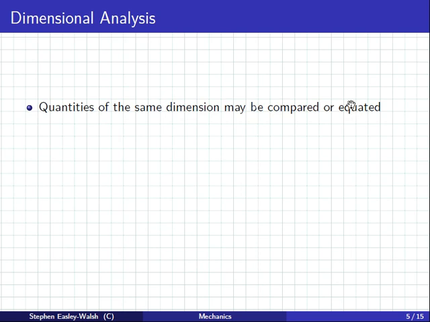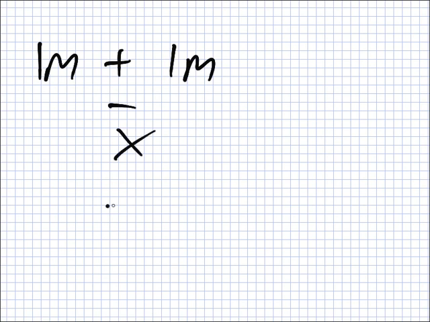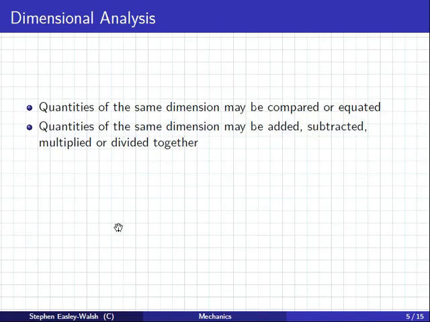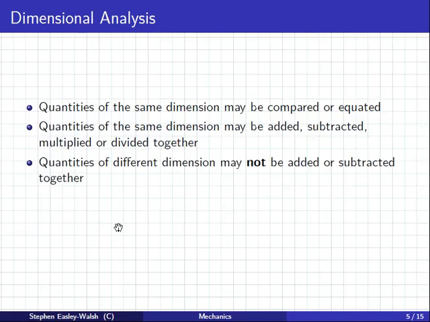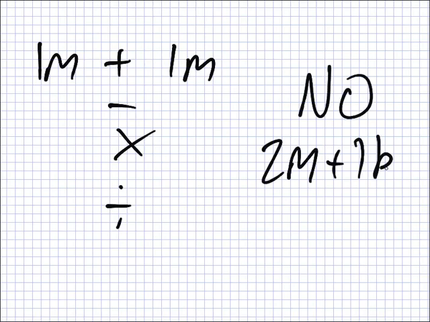Now, you probably already know that, so maybe you don't need to write that down. If they have the same dimension, you can add, subtract, multiply, and divide. So you can say 1 meter plus 1 meter, minus, multiply, or divide. That's fine. If they have different dimensions, you cannot add or subtract. So no, you can't say 2 meters plus 1 kilogram.